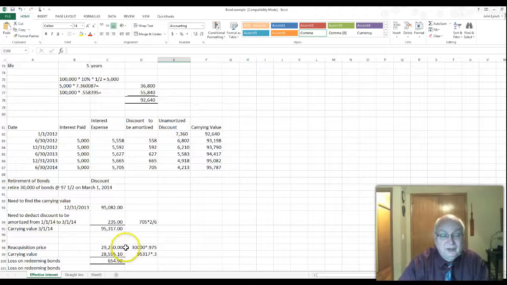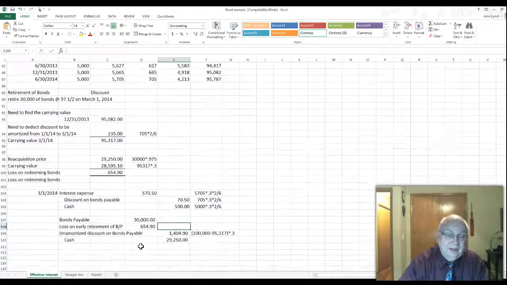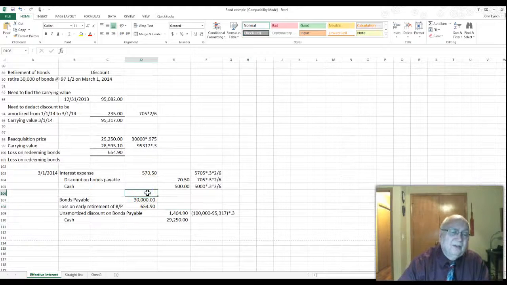That more than makes up for the $654 loss. And that's how you really determine if you want to buy a bond back, or redeem or retire it early: how much interest are you saving, and is it going to save the company money in the long run? In this case it is, and that's why they would buy these back earlier.